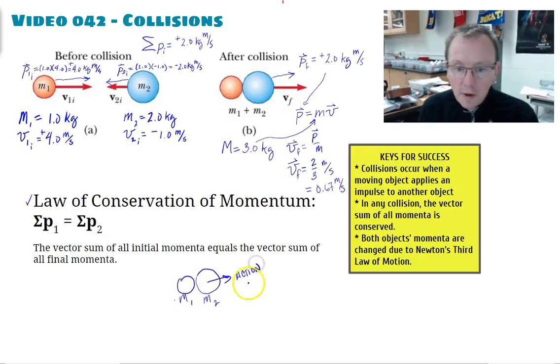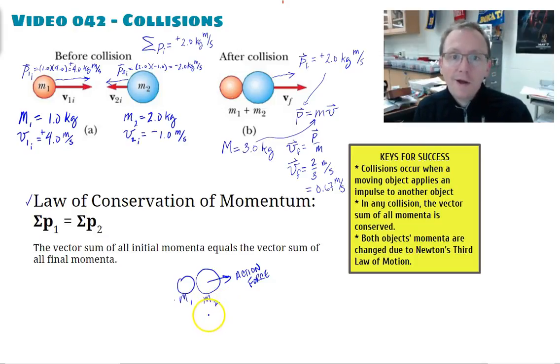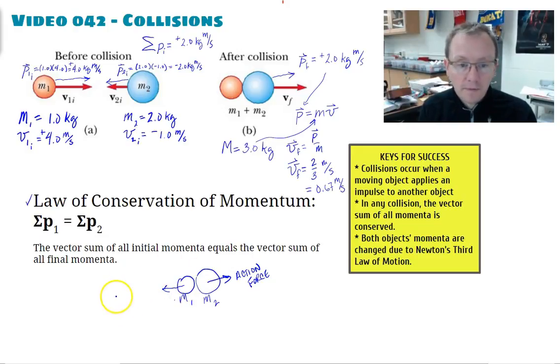If you remember action and reaction forces, you already know where I'm going. So M1 applies a force to M2 to cause it to change its motion when they collide. Because of Newton's third law of motion, M2 must apply a reaction force that is equal to, but opposite in direction of, the same action force. And so we have this reaction force that's applied over here.